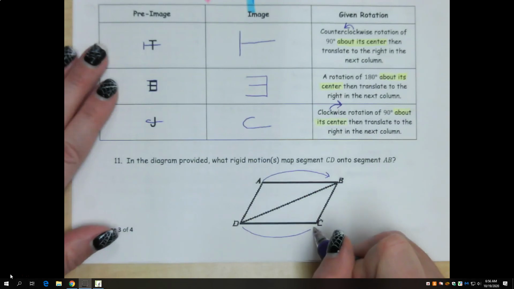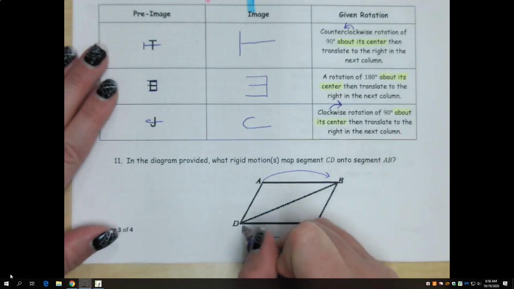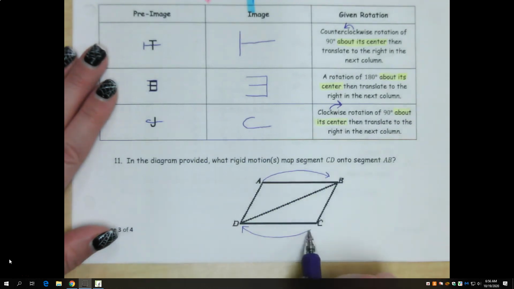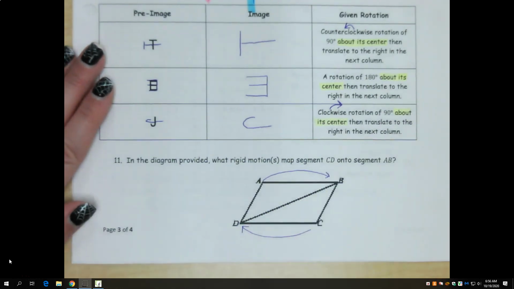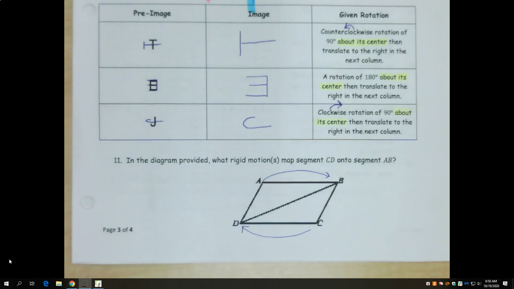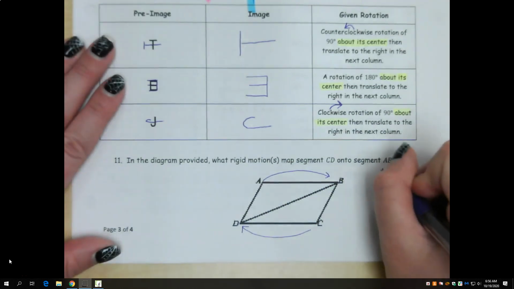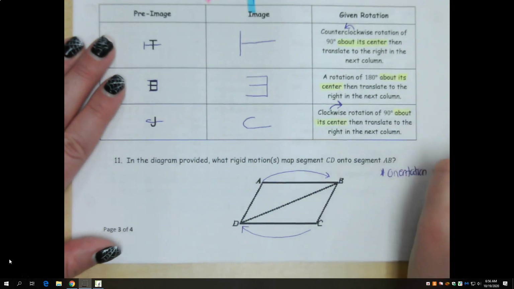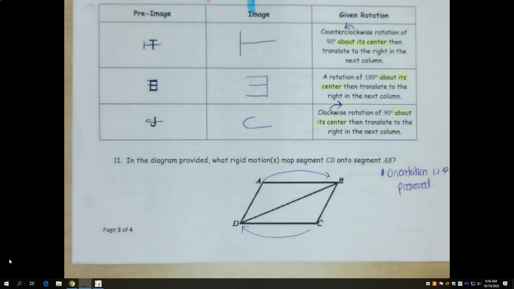And as I'm moving C to D, again, just following the order of the letters, I can see this is also moving clockwise. So I know that there is no reflection taking place because, again, the order of the letters is preserved. All right, so it has to be a rotation that's taking place.